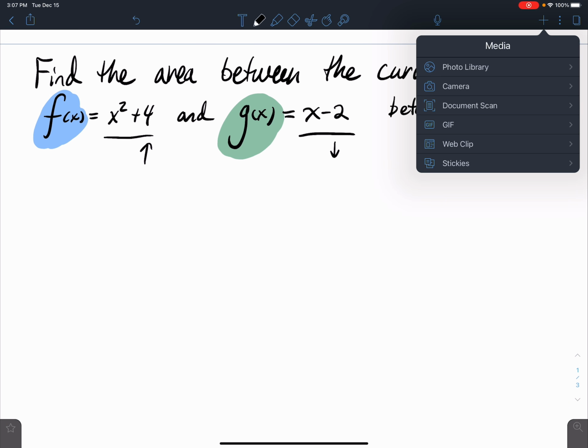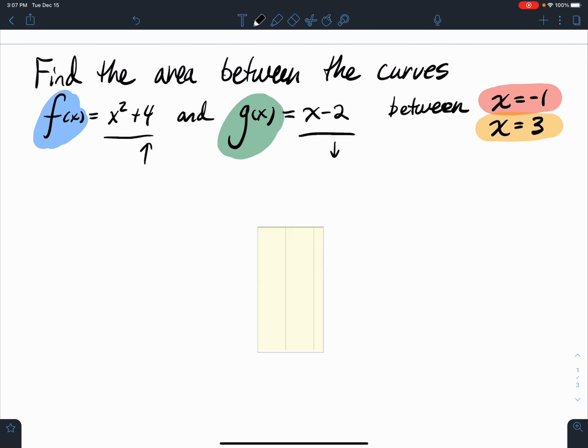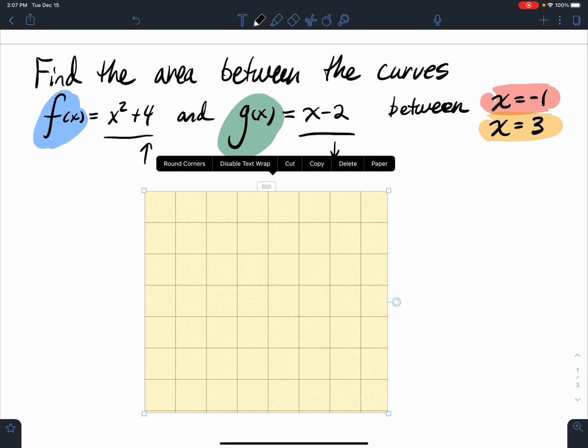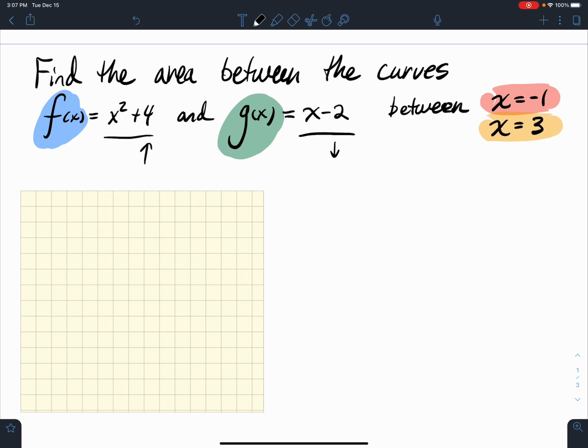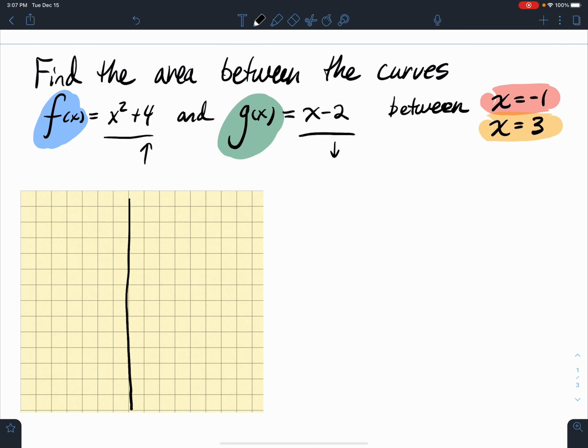So I'm going to do a little sticky note so I can get my grid going. Let's see here.